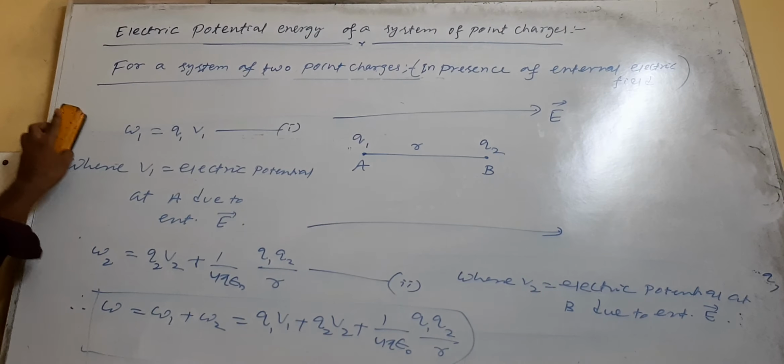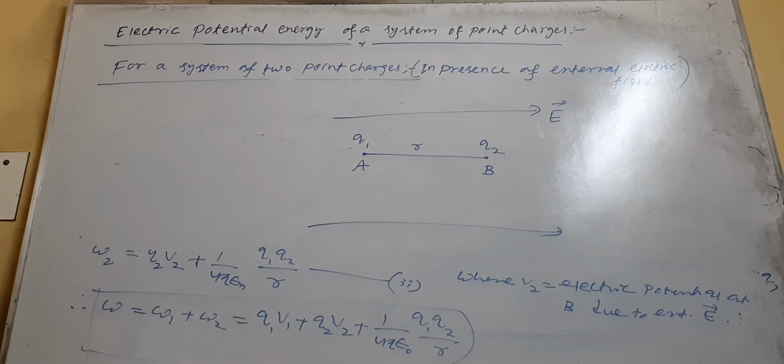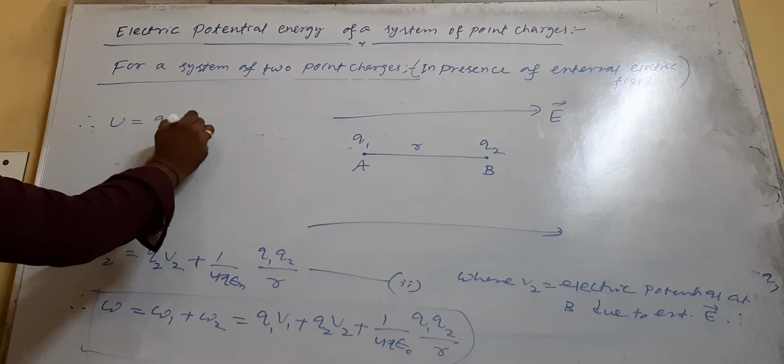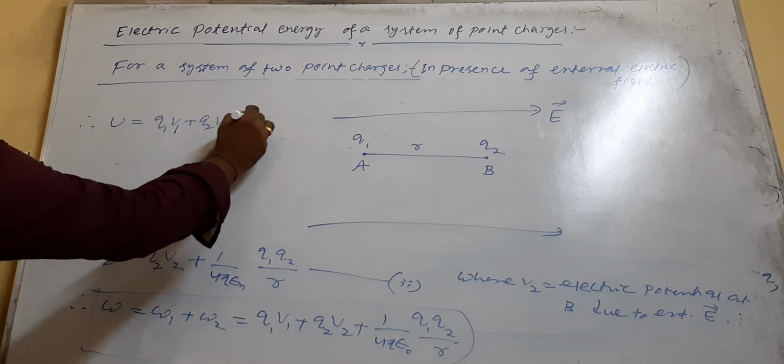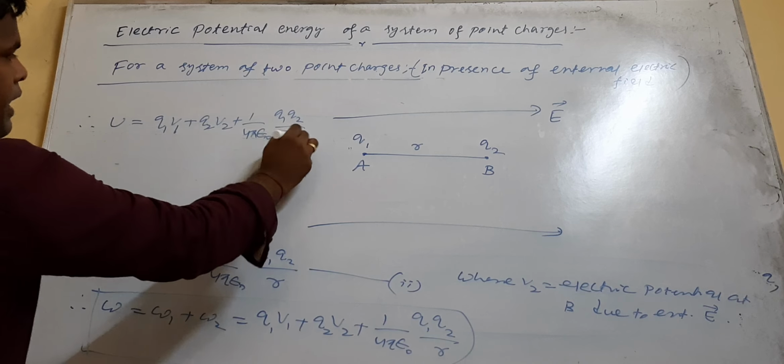This work done gets stored in the system as electric potential energy. Therefore, electric potential energy is Q1 V1 plus Q2 V2 plus 1 by 4 pi epsilon 0 Q1 Q2 by R.